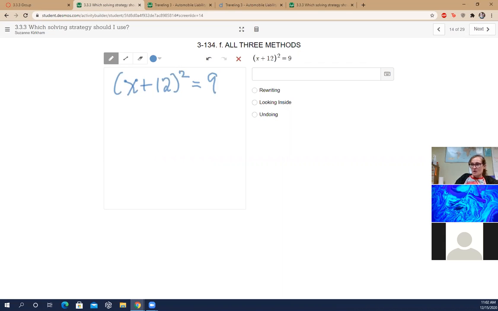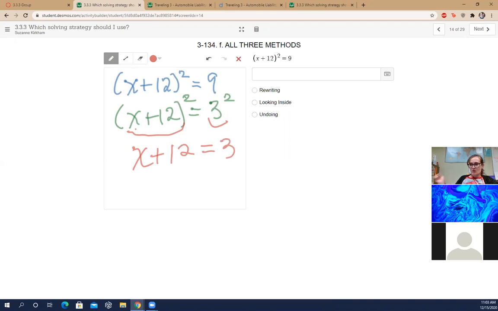Yeah, 3. So we can rewrite our 9 and say that is actually 3 squared. And then we've got x plus 12 squared equals 3 squared. Now all we have to worry about is our bases. So our base on one side is x plus 12, and our base on the other side is 3.